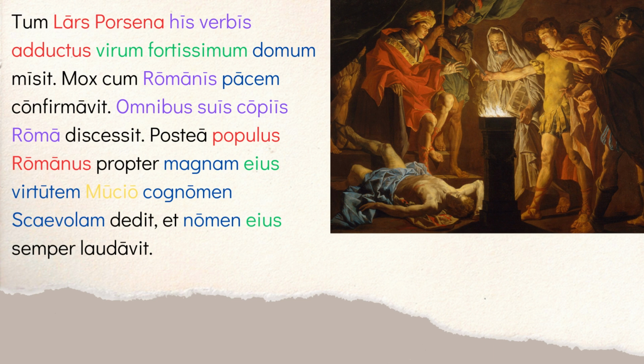And his name, nomen eius, semper laudavit, right? The Roman people always praised his name. It's singular, but it's talking about all of them. So he's famous. Scaevola is such a famous character, and one of the more interesting ones from early Roman history, or early Roman myths, really, the foundings of Rome. He's a symbol of bravery.